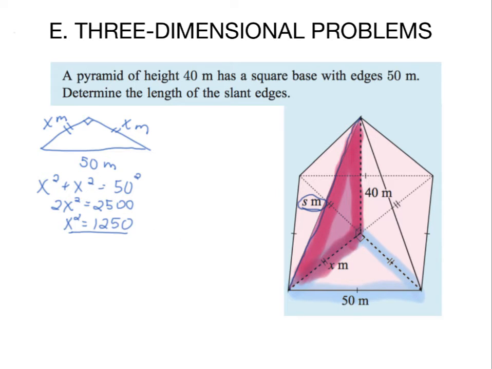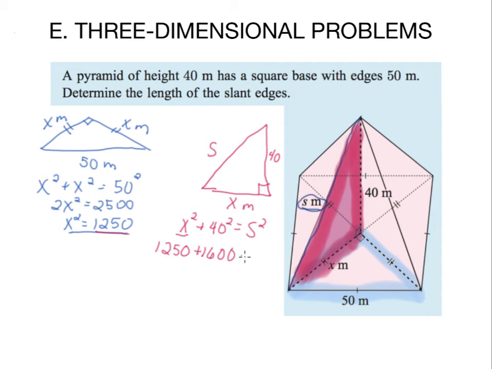Now looking at this triangle, again, I'm going to draw a picture of what I'm looking at so you can see which one we're solving for. Using the Pythagorean theorem, I'm going to get x squared plus 40 squared is equal to s squared. And I already know that x squared is 1,250, so I'm going to plug that in, and 40 squared is 1,600. Then I simplify this down, and I get 2,850 is equal to s squared.